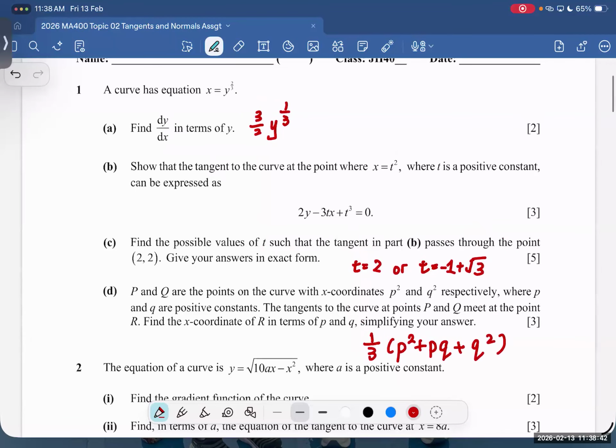Okay, so may I ask if there's any question that you want me to go through? The whole question one, okay? It's pretty hard. Can I? Yes, you can. D, right? Okay, D. C. A. B. C. B is okay.